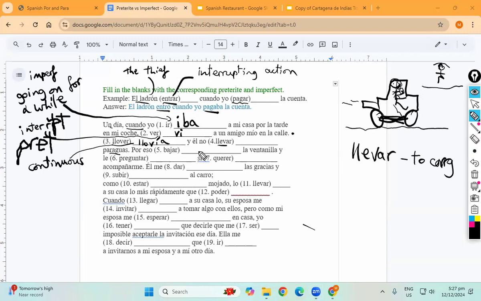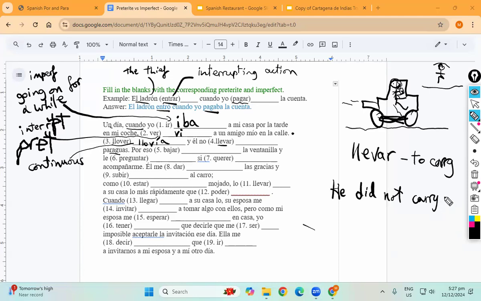Now, what are we doing about number 4? He was not what? Now if you see your friend, let's reason this out, because there's an argument for both imperfect and preterite, but which one fits better? Will we say he did not carry an umbrella?